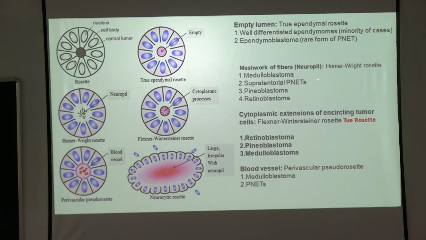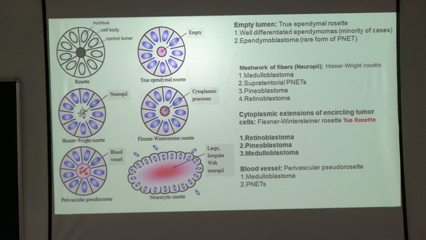If it is a Homer-Wright rosette, Wright is not right, so it is false, that is the pseudo rosette. Clear? So where is the Homer-Wright rosette found? Medulloblastoma, pineoblastoma, retinoblastoma. So remember medulloblastoma, retinoblastoma, that is the Homer-Wright rosette. Another is the true rosette around the empty space, seen in retinoblastoma, or it may be around blood vessels.